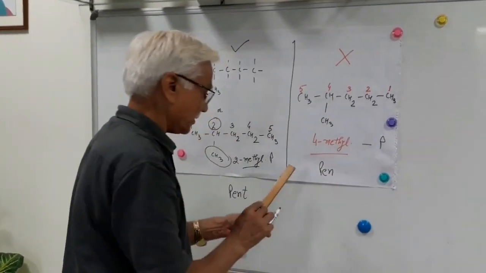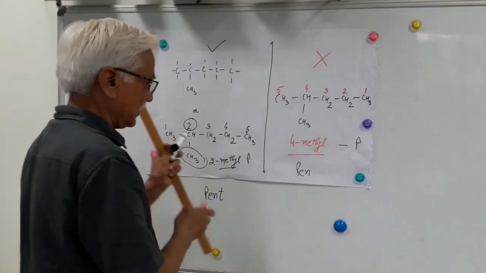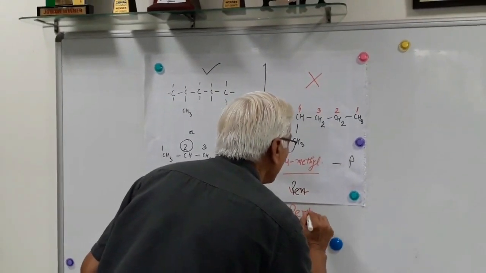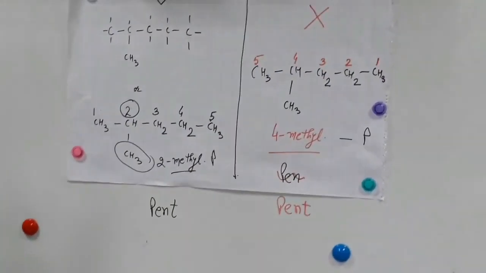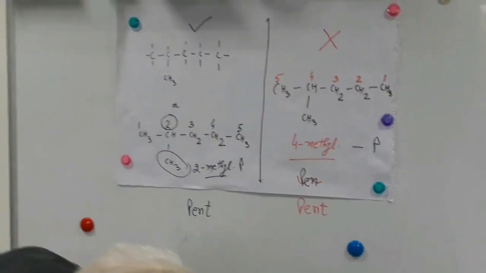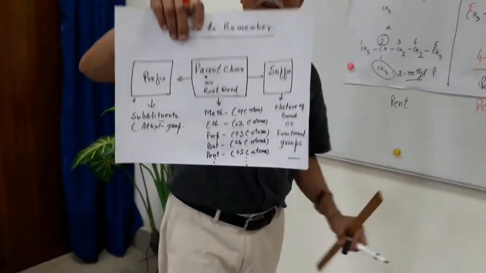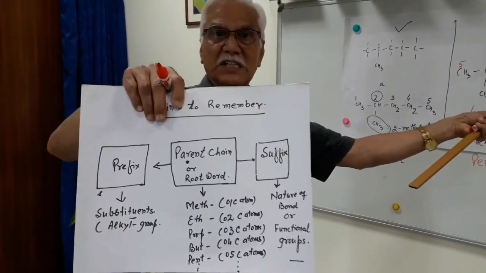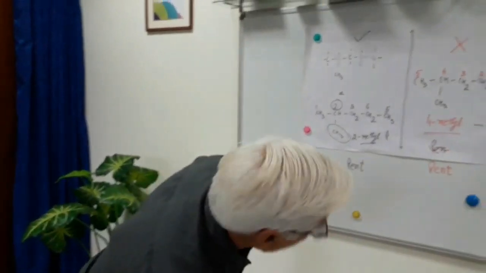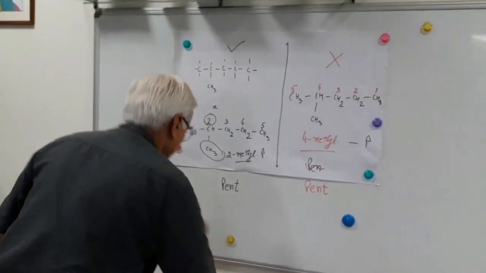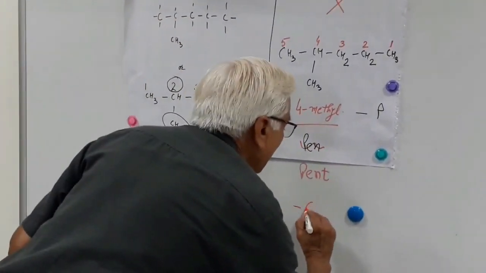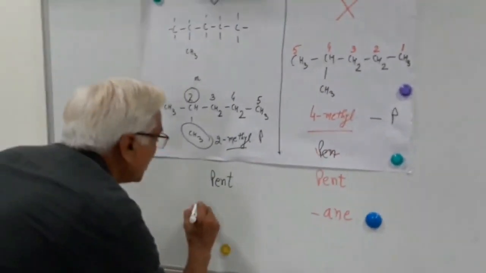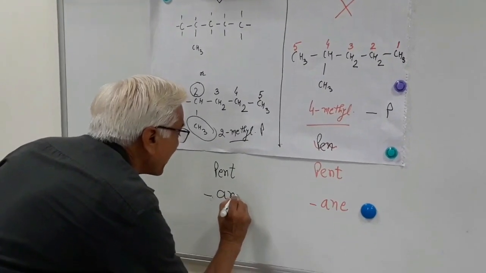I'll write with pent. The parent or root chain is pent. Now the functional group, the suffix, last. What is the suffix? Saturated hydrocarbon, so the ending will be ane. Here also the suffix will be ane.